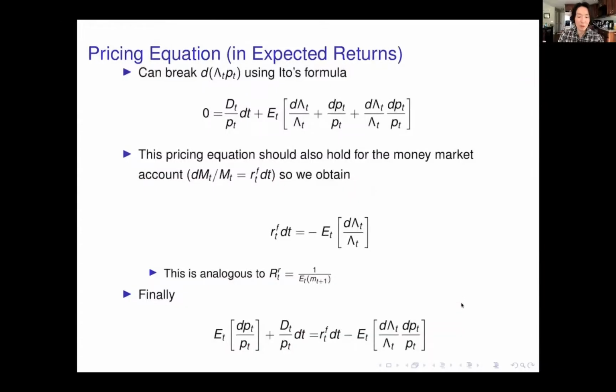Now you can rewrite d of lambda times P into the following fashion. How do we do that? We just apply Ito's formula.